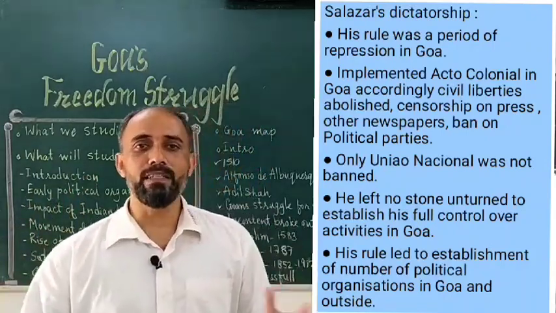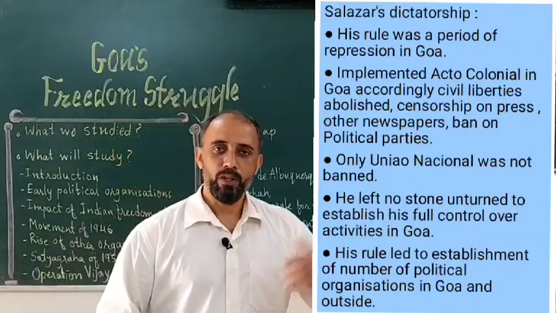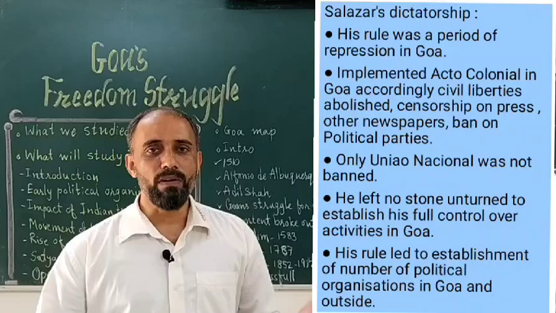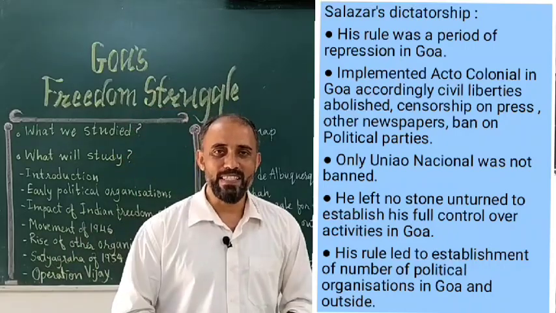This is what happens in a democratic country. But Goa, which was ruled by the European colonizer Portugal, was undemocratic. Censorship means to limit information. Whatever was published in the newspaper used to go through a team of the censor board, and it was scanned.